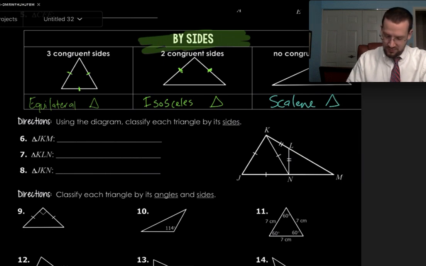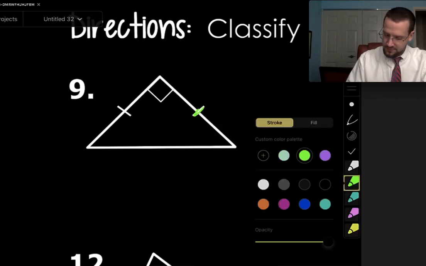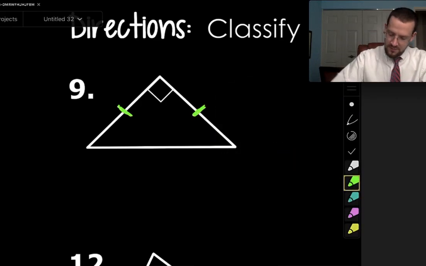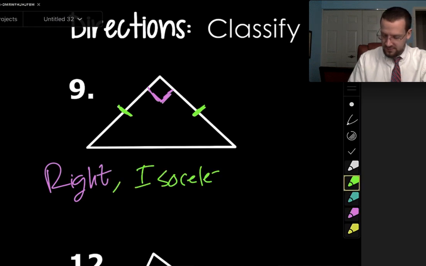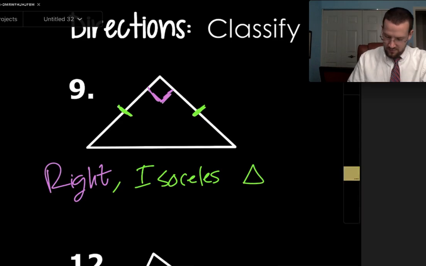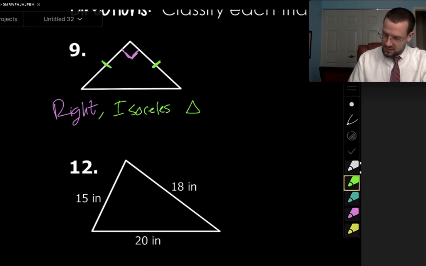And so what I'm going to do is I'm just going to hop down here. Let's look at number 9. We have a right triangle that has two congruent sides. So this would be called a right isosceles triangle. Let's look at this one here. Well, this has, let's see, 1 acute angle, 2 acute angles, 3 acute angles.